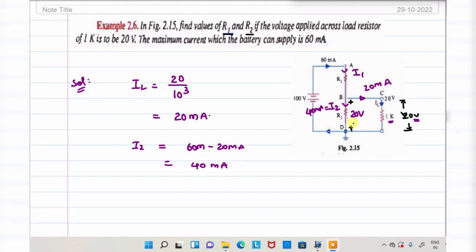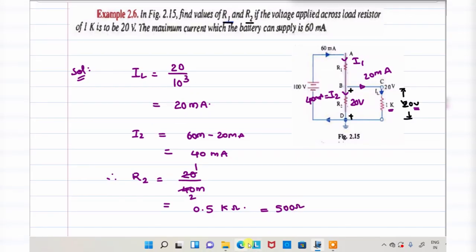So once you have 40 milliamperes, directly you can find R2. R is equal to V by I. V divided by I, with 40 milliamperes, will be equivalent to 0.5 kilo ohms. What about resistance now? 0.5 kilo ohms will be equivalent to 500 ohms.